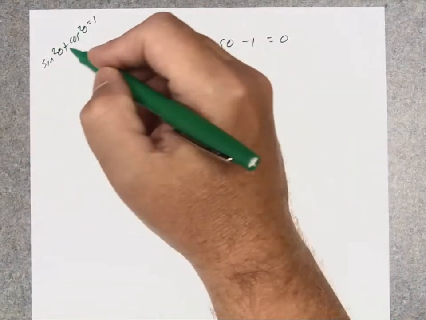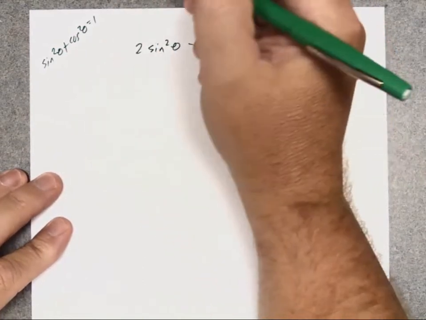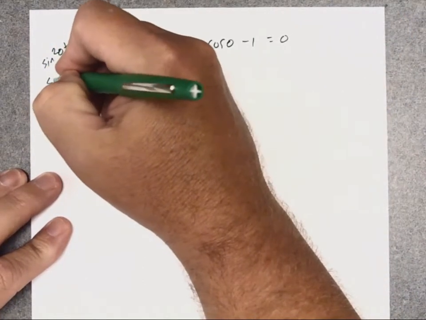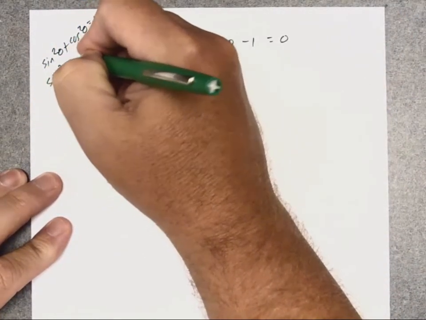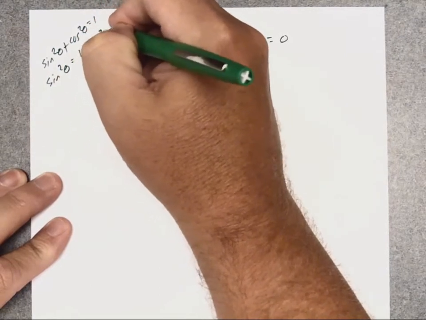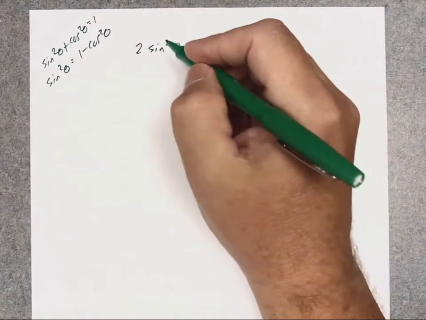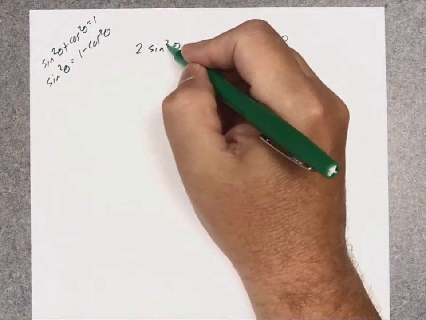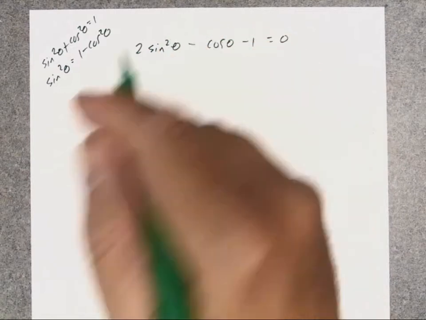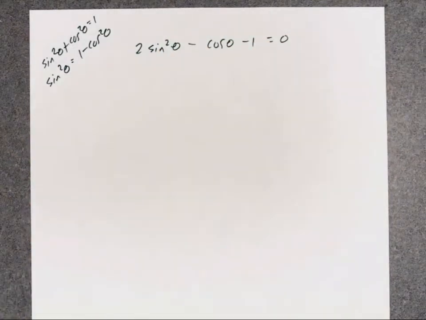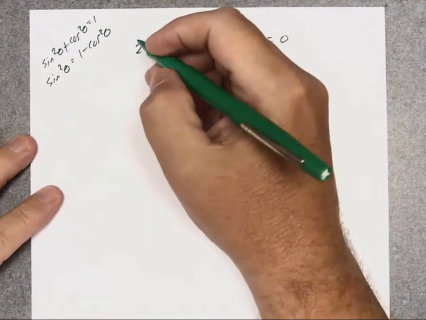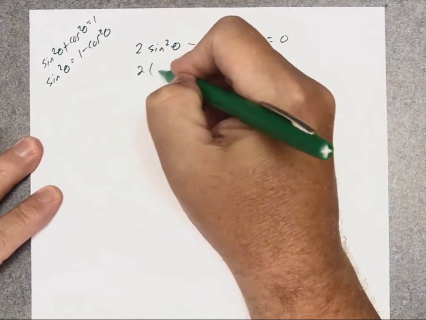But then I say, if I go over here and I realize that sine squared of theta equals 1 minus cosine squared theta, if I substitute that in here for sine squared of theta, at least then I've got an equation with only cosines, and then maybe I can do something. So let's go ahead and do that. So here's my 2.